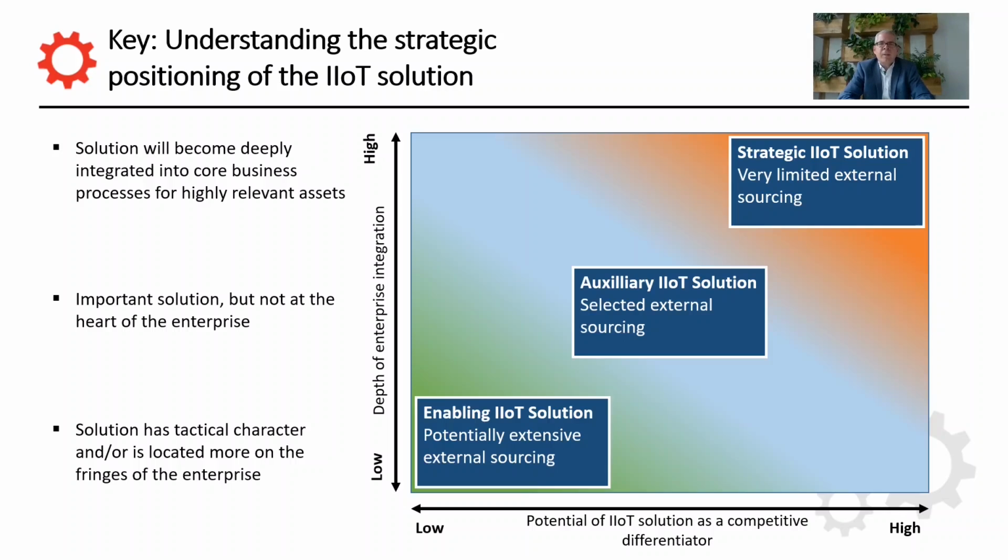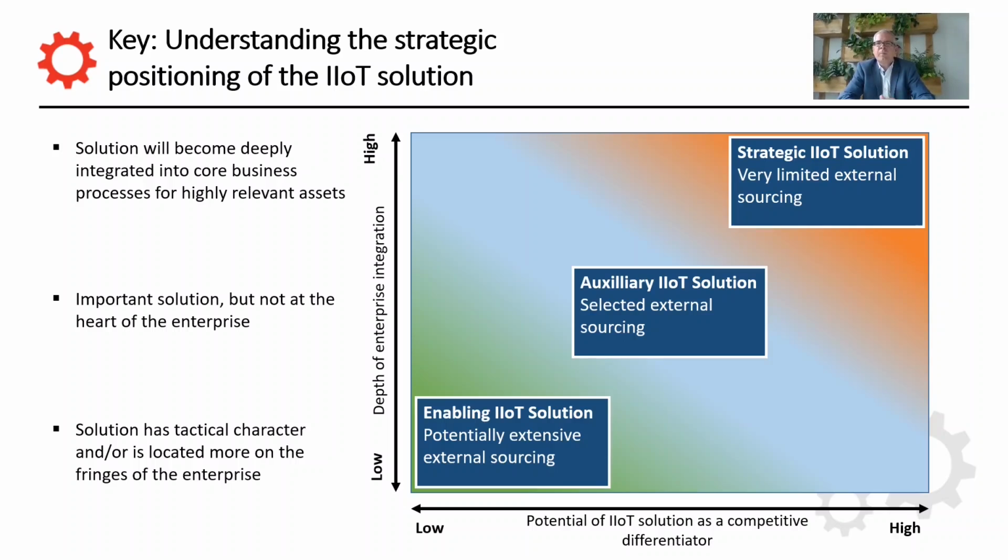So if both dimensions are low, then typically we would call this more an enabling IoT solution, where, for example, in terms of setting up your project plan, you can plan for extensive external sourcing, or maybe even an off-the-shelf solution that's delivered and operated as a turnkey solution.